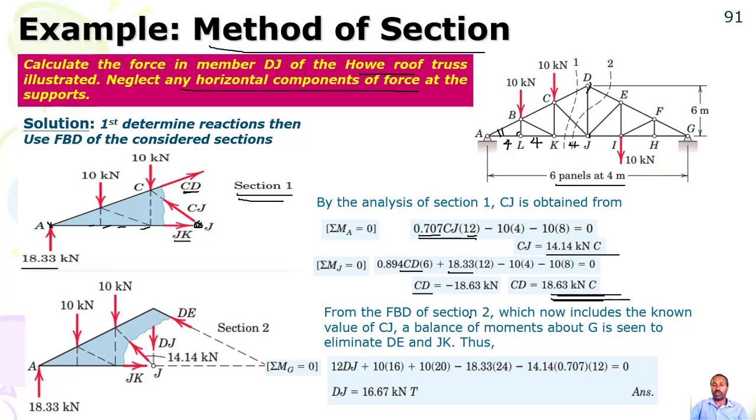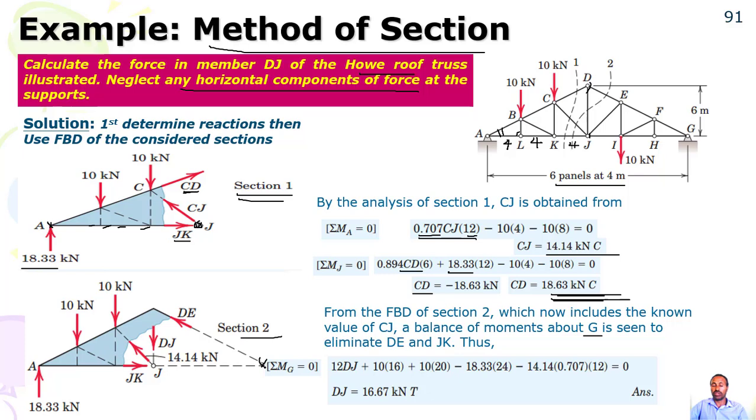Then from the free body diagram of section 2, which is this one, with DE, DJ, and KJ. From this diagram, if you take moment at J, you can find DE. For example, DJ can be computed, but let us just take moment about G, about this point.